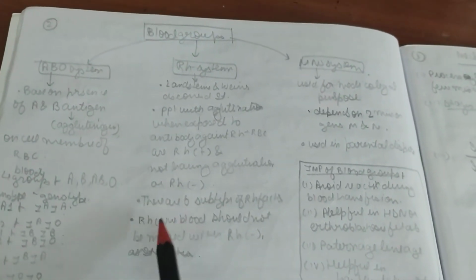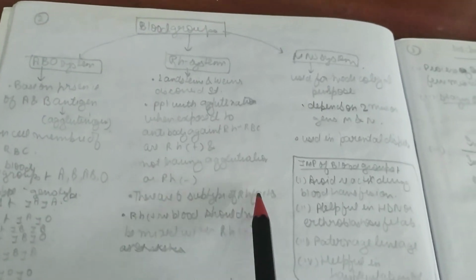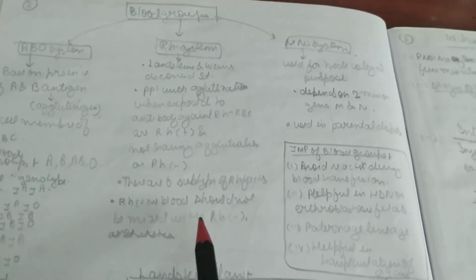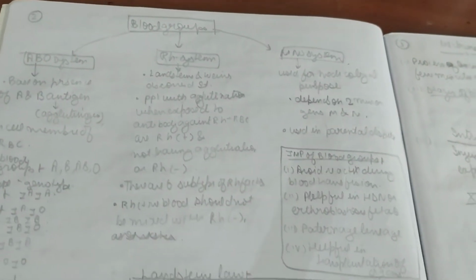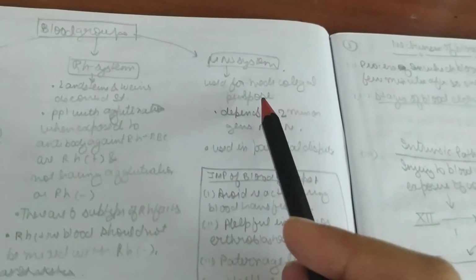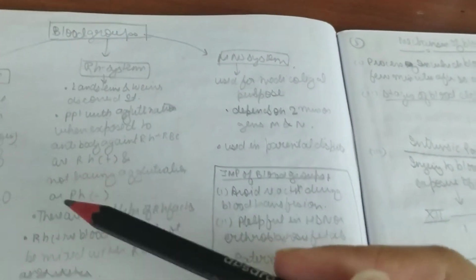So there are 6 subtypes of Rh factor. Rh positive blood should not be mixed with Rh negative. So now let's talk about MNS system and importance of RH. I'll be teaching in few minutes.